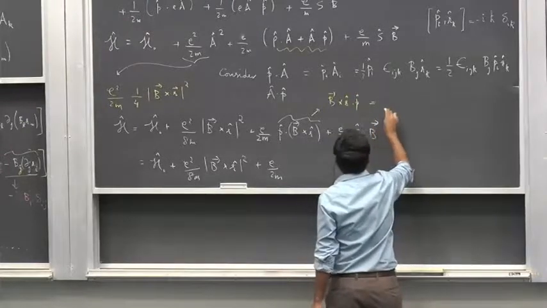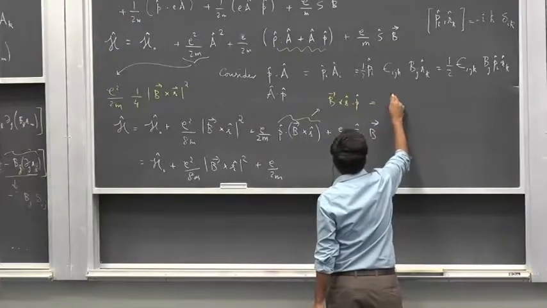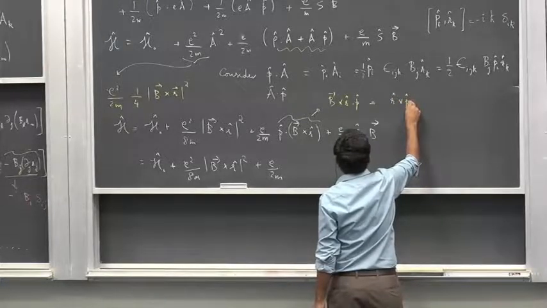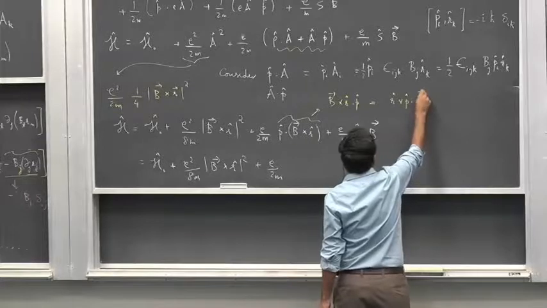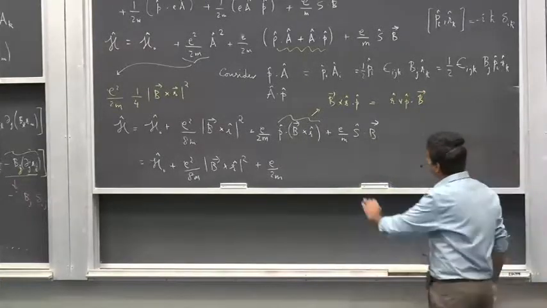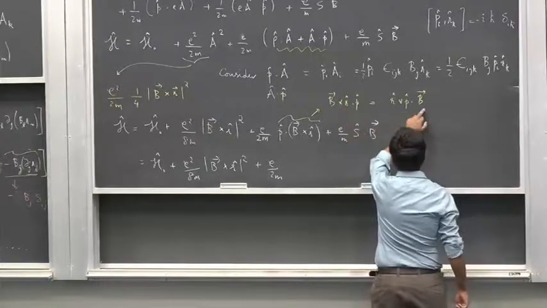I could write this as r crossed with p dotted with B, right? It's the property of the dot product. I just have to preserve the ordering B, r, p.